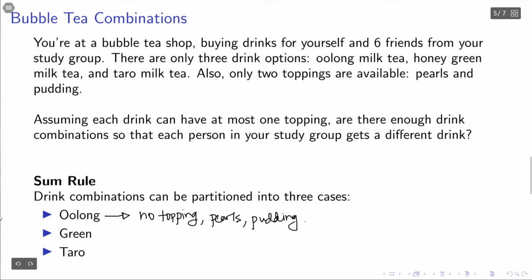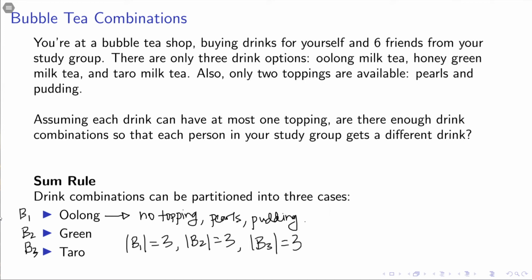And in fact, if we call these your sets B1, B2, and B3 from our sum rule definition, then you would see here that the cardinality of B1 is 3, the cardinality of B2 is 3, and the cardinality of B3 is also 3. And the sum rule says, let's just add all of them up to get the number. And you get 9 possible drink combinations, which is the same answer that we got from listing.